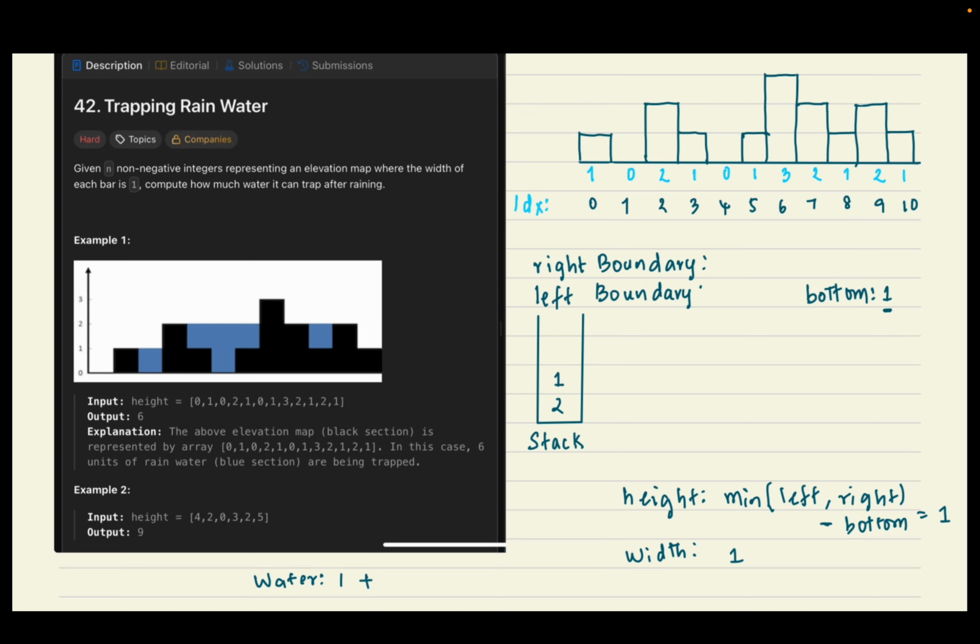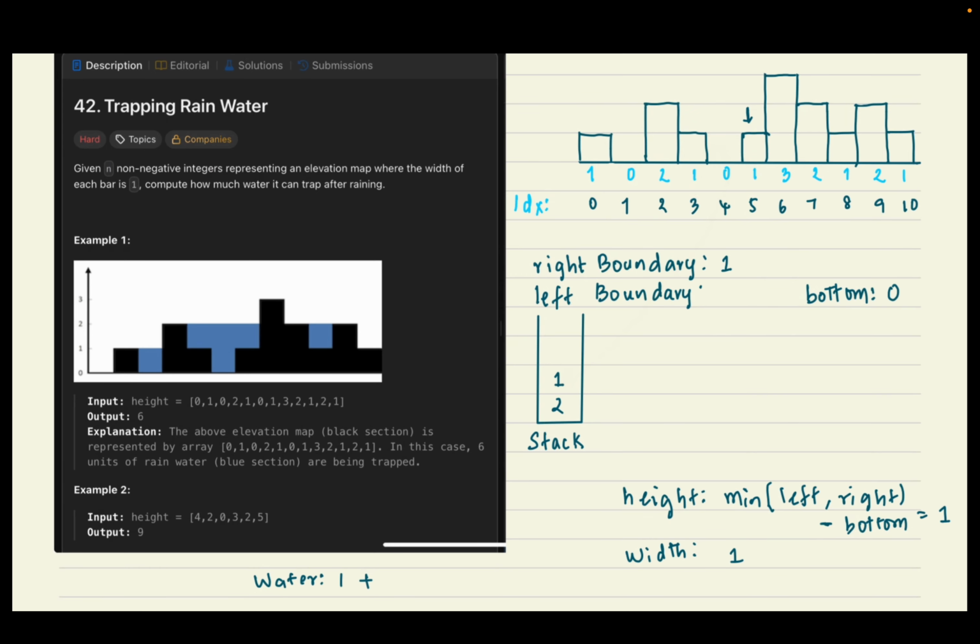Okay, I am at this particular index. Now bottom is basically 0, which I have popped just now. And the previous for this particular element is the top of my stack, which is 1. So the left boundary is also 1 over here.